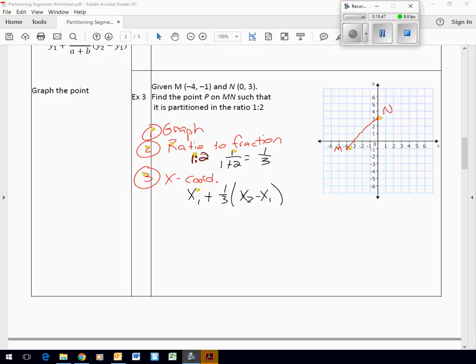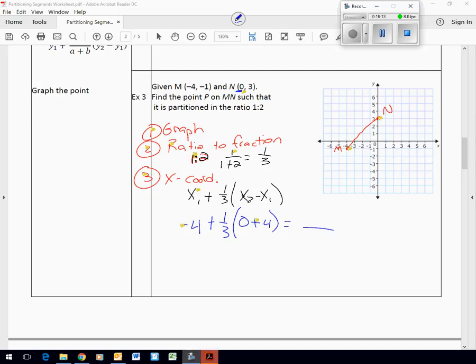Let's do that real quick. x1 is -4. -4 plus 1/3 of, here's where it gets weird, right? 0. Now think about this. 0 minus -4 is 0 plus 4. Good.